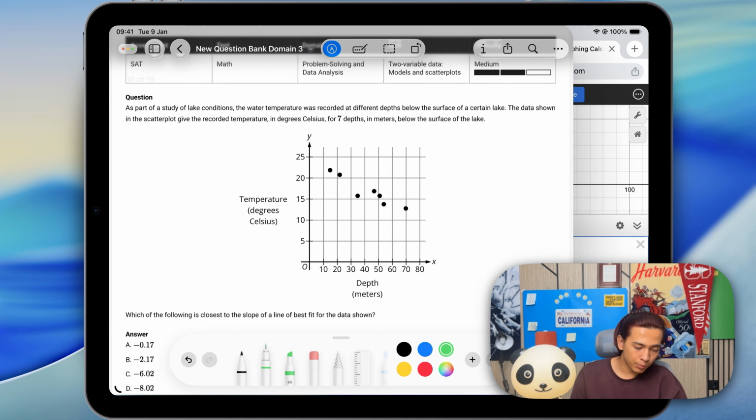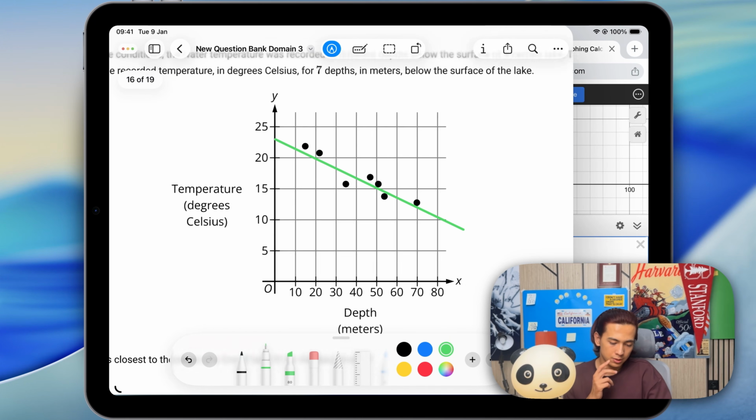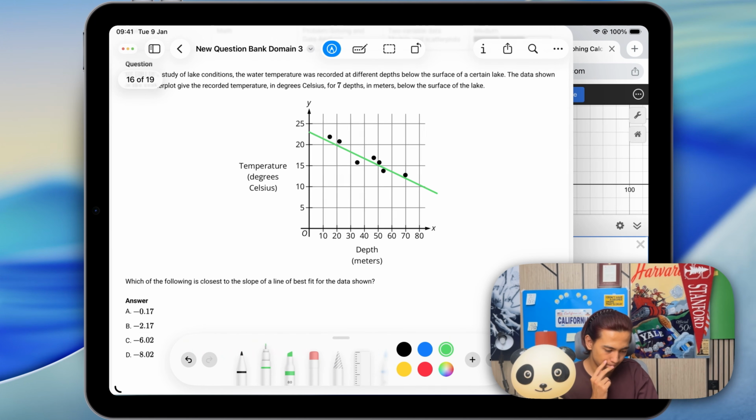As part of a study of lake conditions, the water temperature was recorded. I'm not going to read that. Which of the following is closest to the slope of the line of best fit for the data shown? Okay, you want to talk about the slope here. Approximately, if I had to guess, it would go something like that. All of the options are negative, so I cannot cross out any.